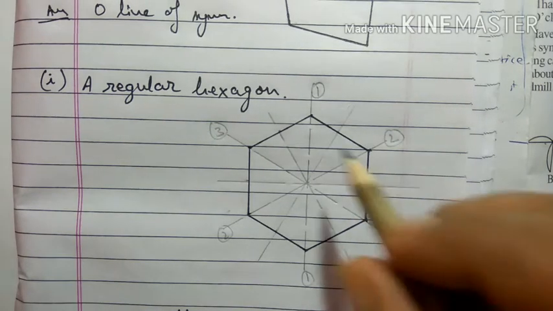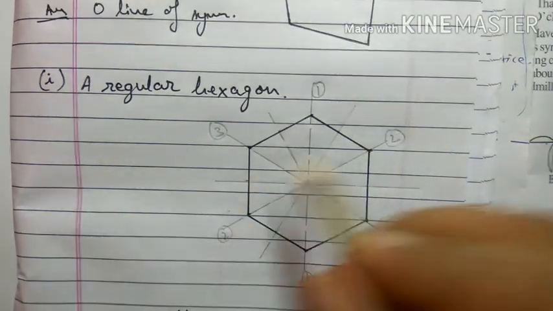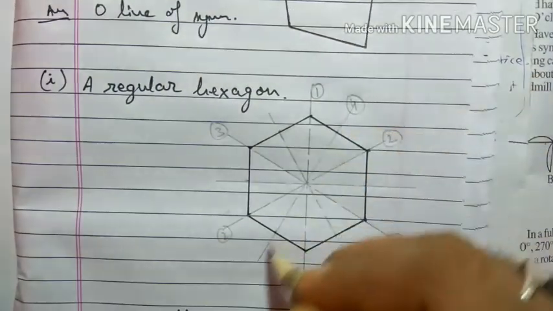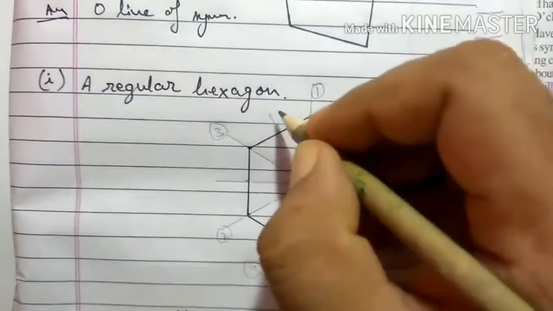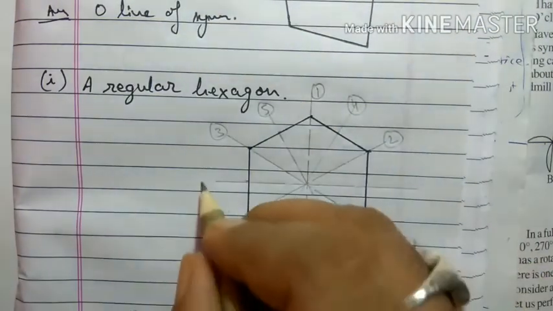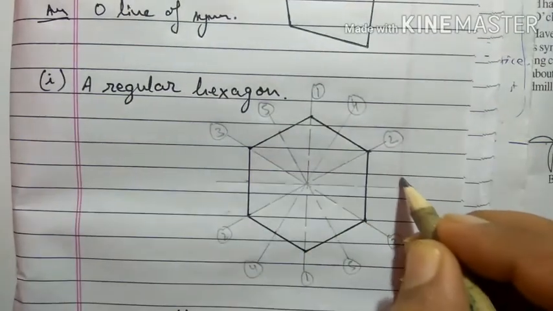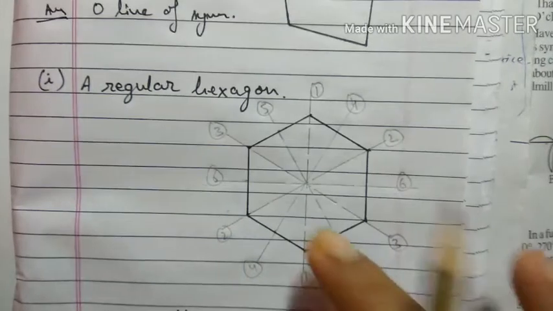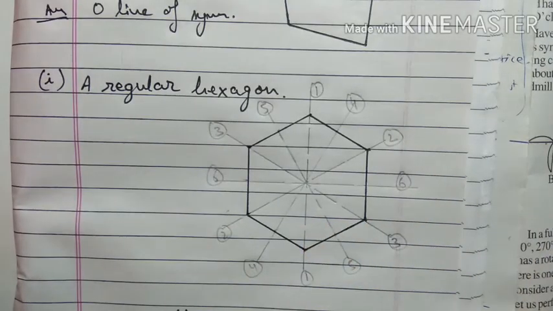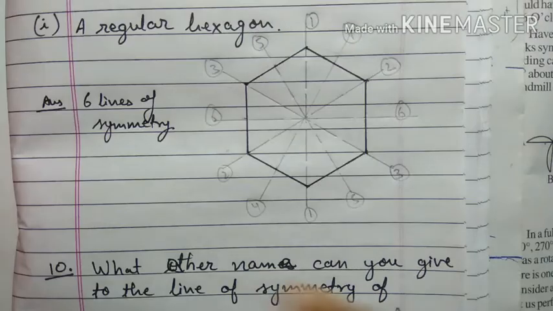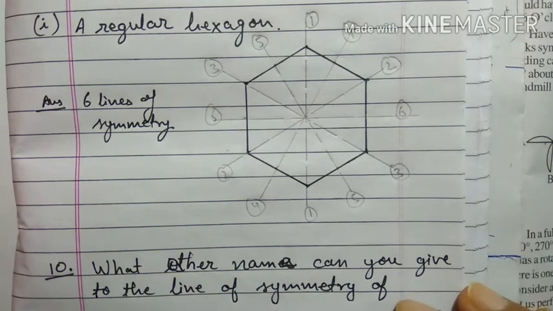Okay, so I have drawn. We got 3, then this is the 4th, this line is 5th, and this line is 6th. So total 6 lines of symmetry are possible in a regular hexagon. So these 6 lines of symmetry is the answer.